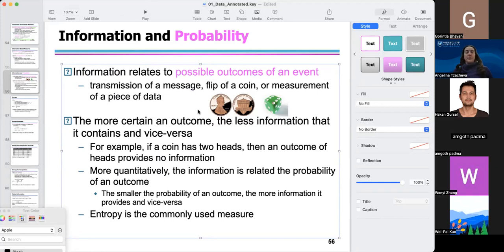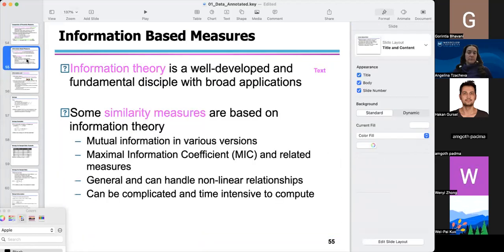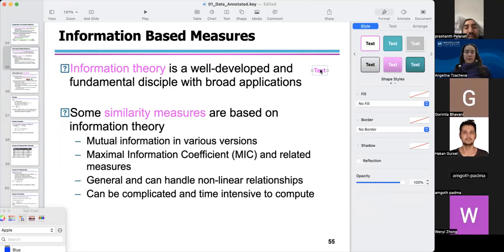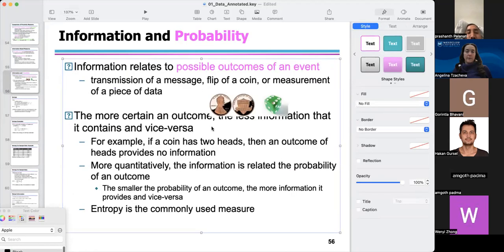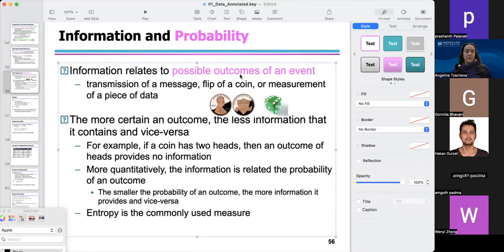And the probability is 50-50 pretty much, because there are only two possibilities here, either the heads or the tails.